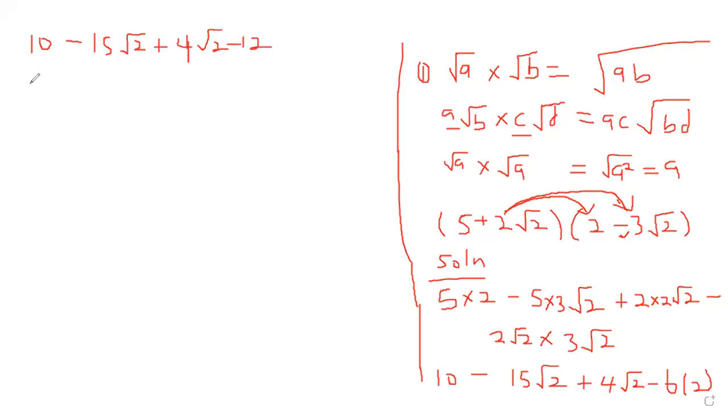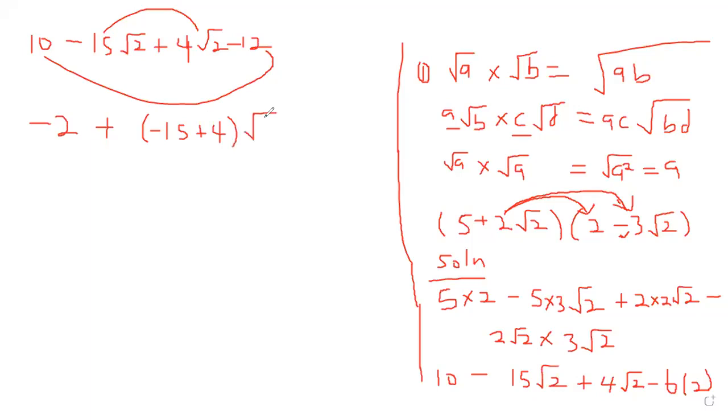Okay, so grouping like terms, I'm going to group 10 and minus 12, which will give negative 2. Then I'll group the root 2 terms, which will be minus 15 plus 4 root 2.